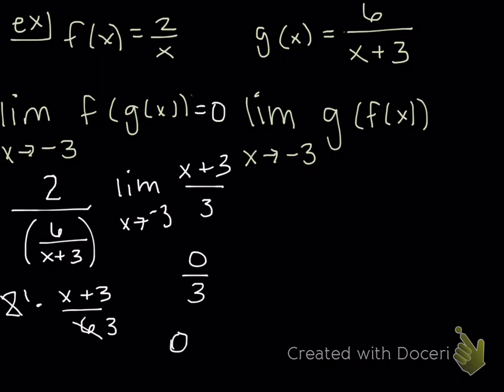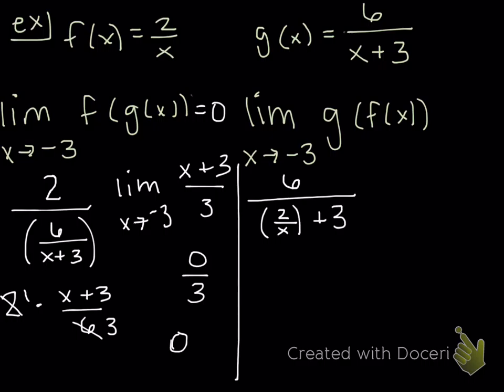Now for my second one, I'm doing g of f of x, so I'm plugging f into g. I have 6 over 2 over x plus 3. I want to get common denominators in that bottom, so I'm going to change this 3 to 3x over x.